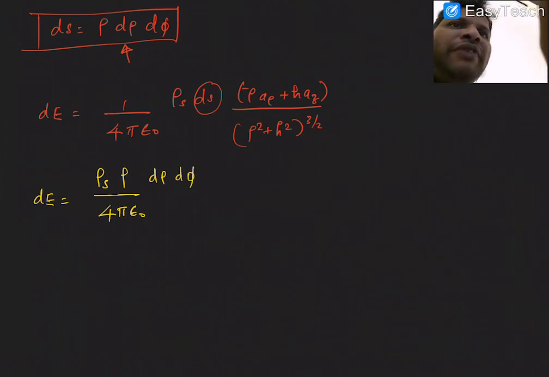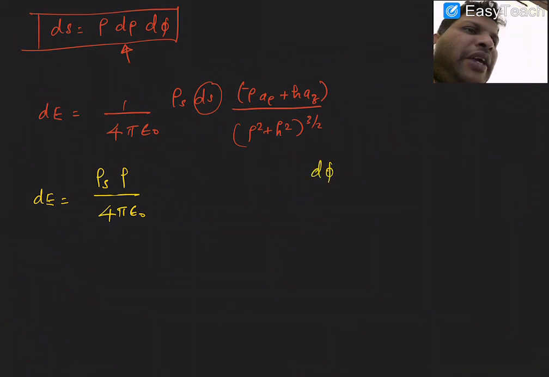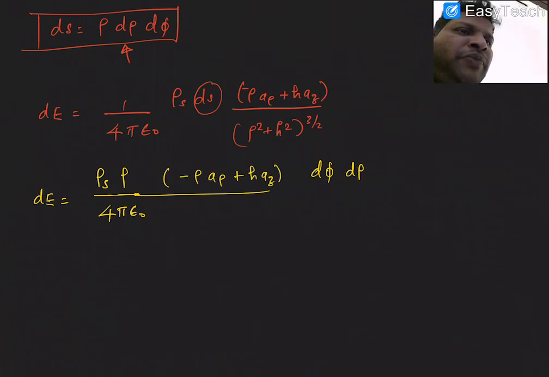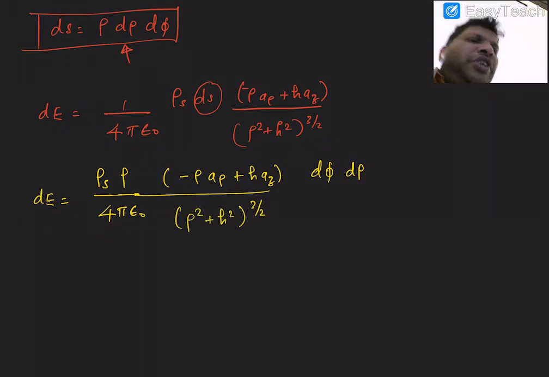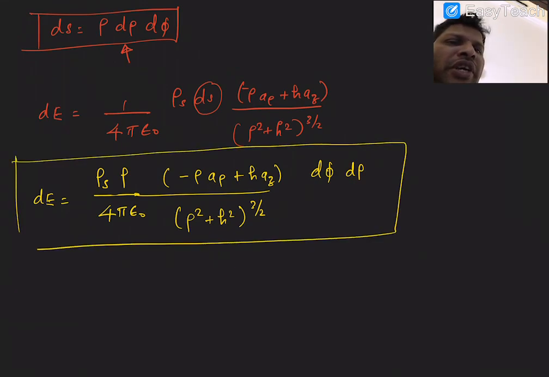I will write this as rho d rho into d phi, or d phi into d rho at the end, so that it will be very convenient, minus rho into a rho plus h into az divided by rho square plus h square whole power 3 by 2. So this is my equation for dE.